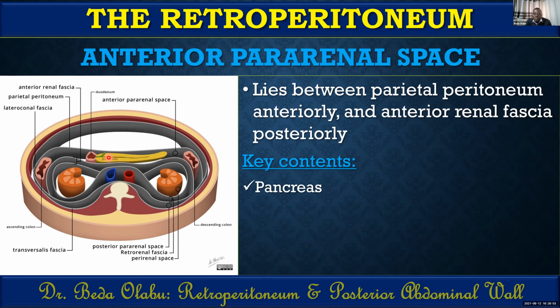The endocrine component of the pancreas refers to clusters of cells which produce hormones. We call them the islets of Langerhans, and they release hormones to the bloodstream, things like insulin, glucagon, and the like. The exocrine component of the pancreas is made up of the pancreatic acini, which produce pancreatic juice into the pancreatic ducts, and that juice is then released into the second part of the duodenum.